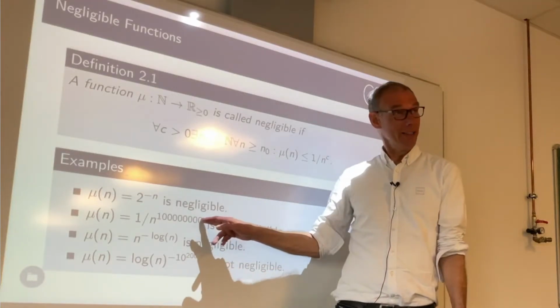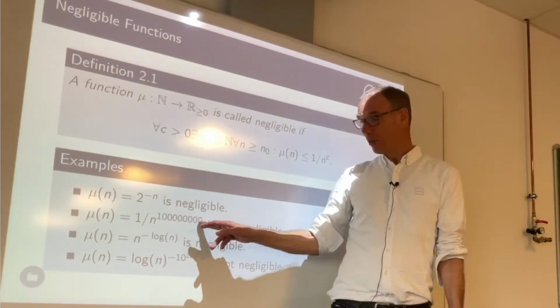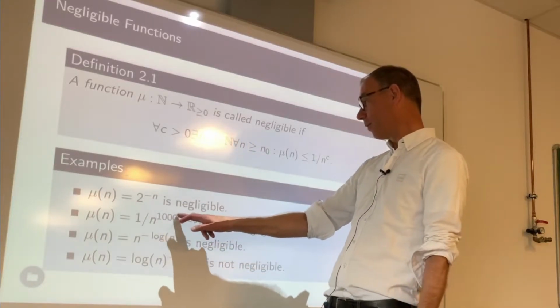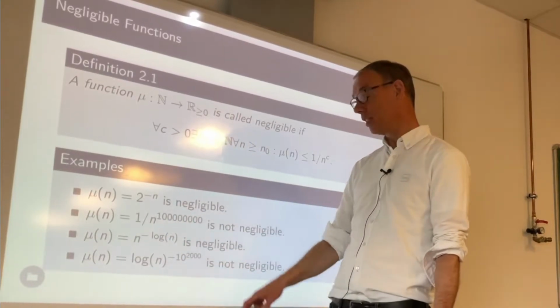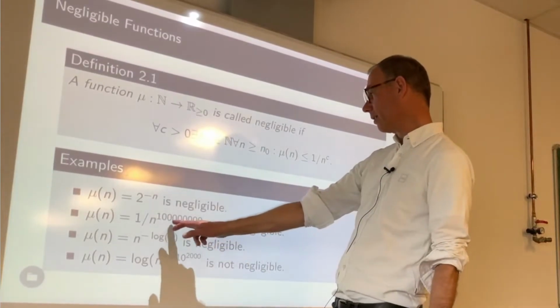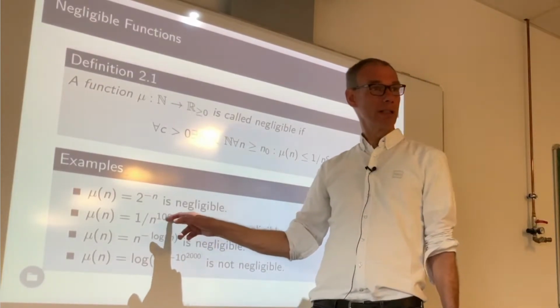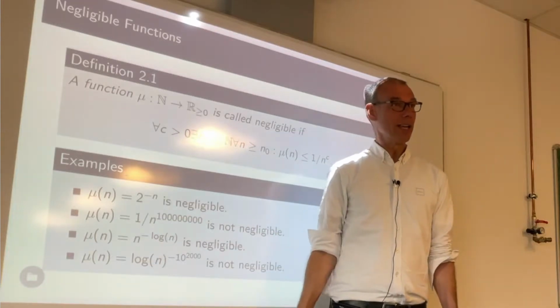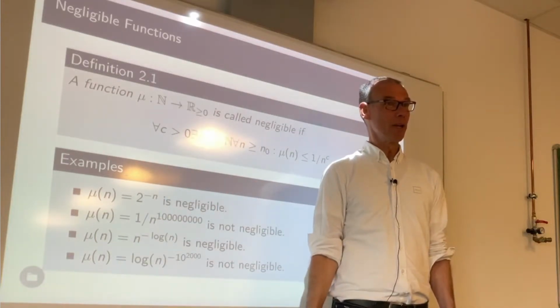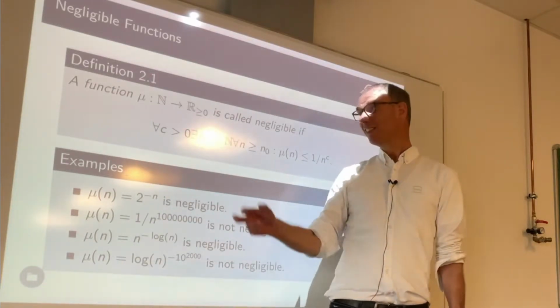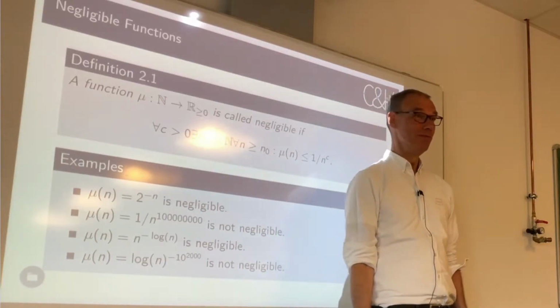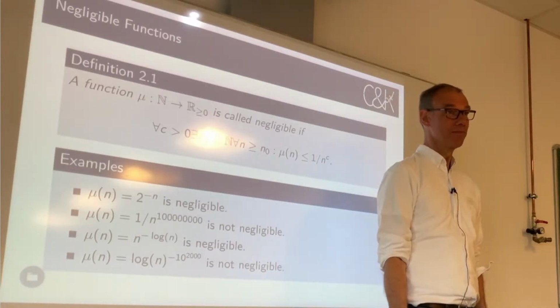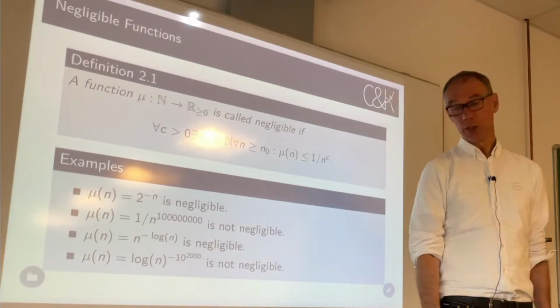If I add here a 1, this is 1, 2, 3, 4, 5, 6, 7, 8, so this is 100 million. If I look at c to be 100 million plus 1, then this is no longer true. Unfortunately.